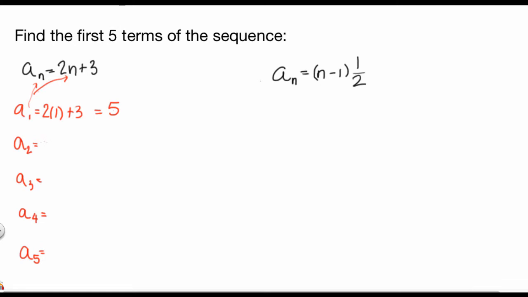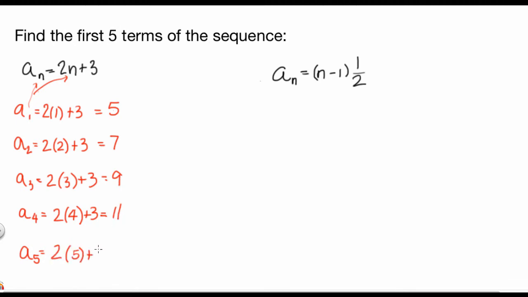And A2 is 2, n is now 2, times 2 plus 3, 7. So in this case, the first 5 terms are right here.